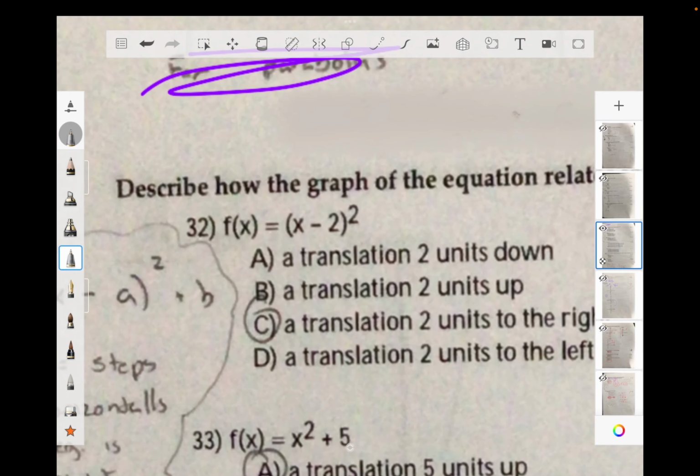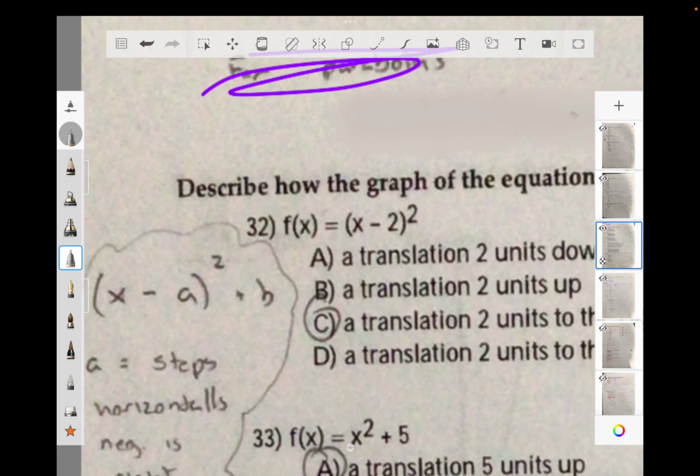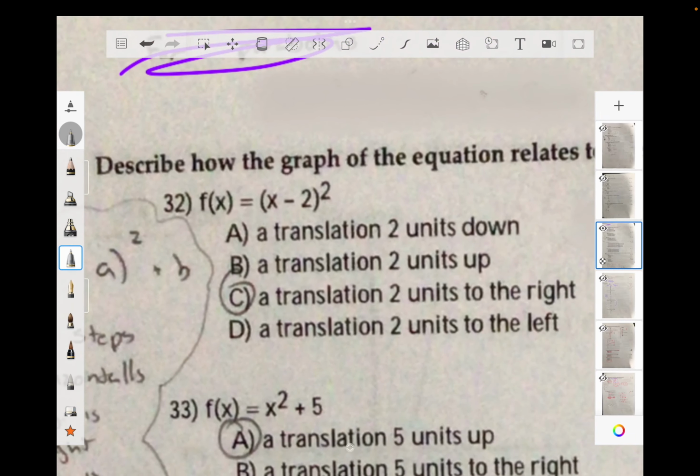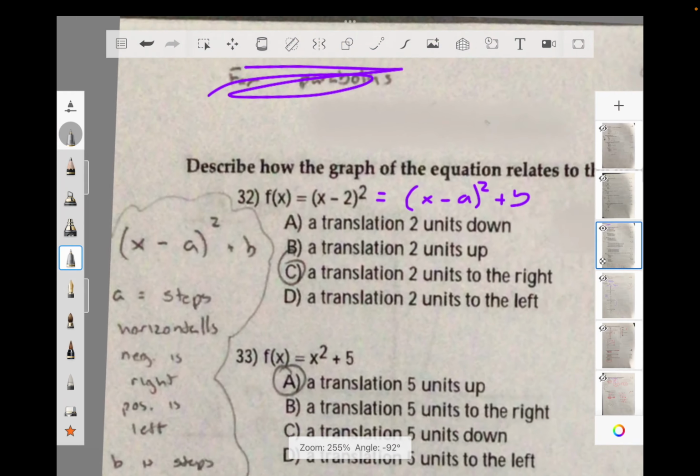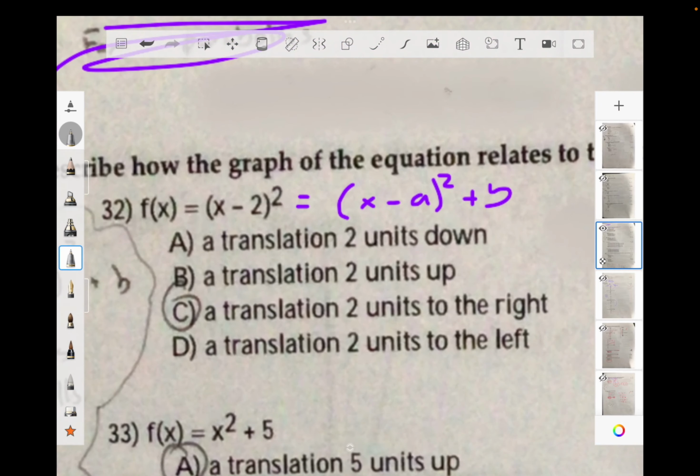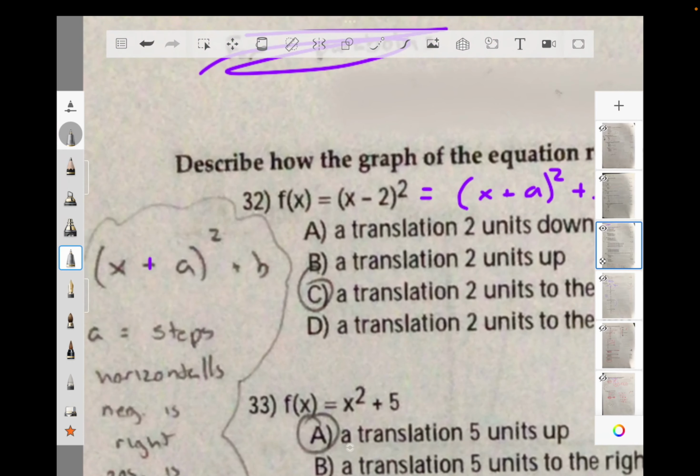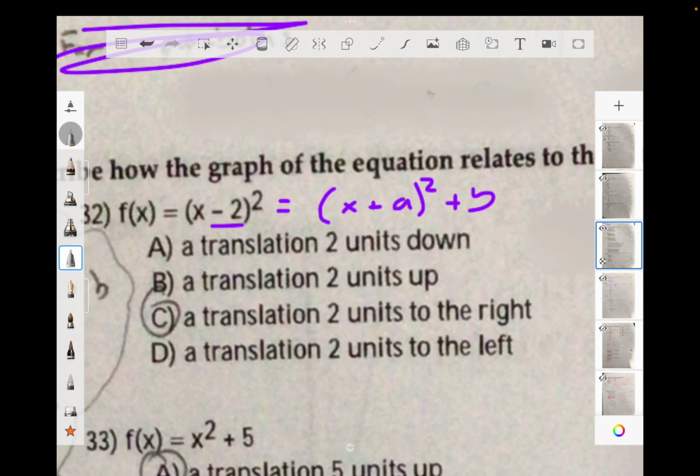So applying what I just said to x minus a squared plus b, how does it relate to this one? A is -2, so it's going to move to the right.